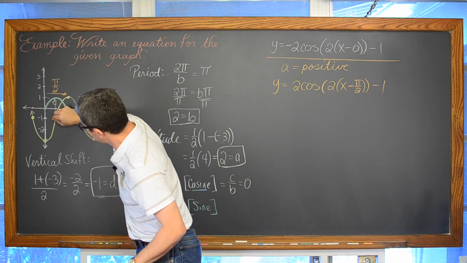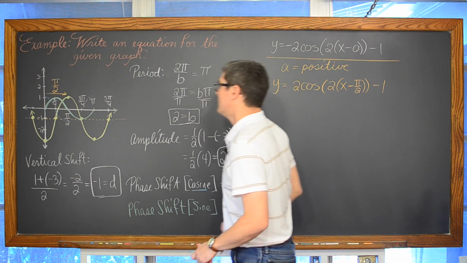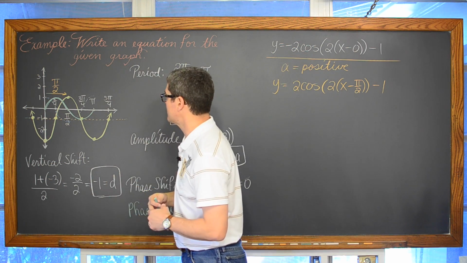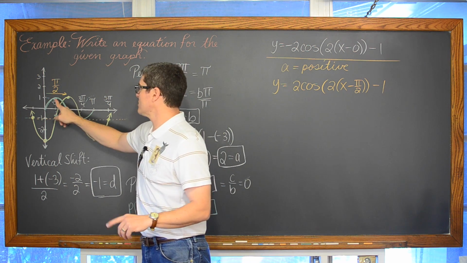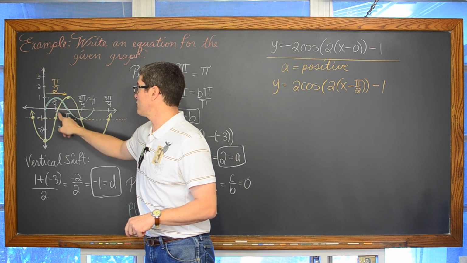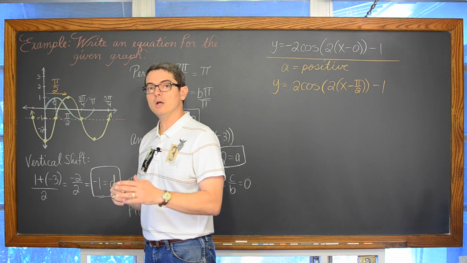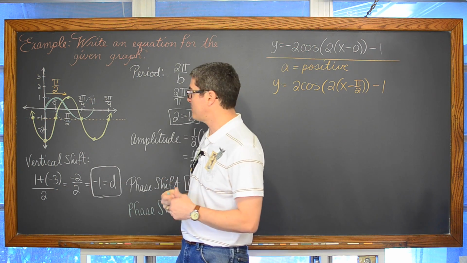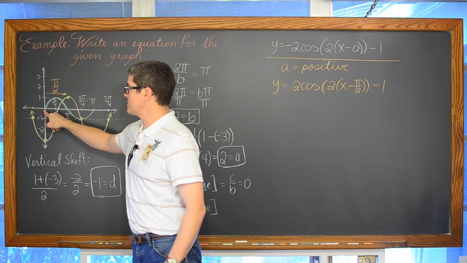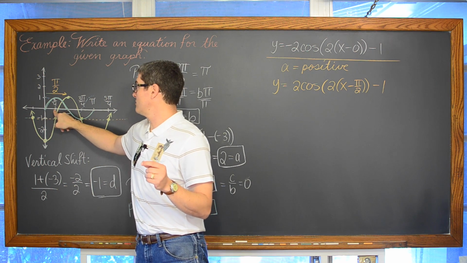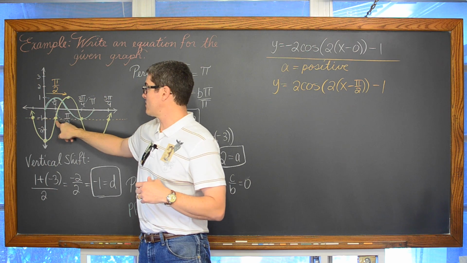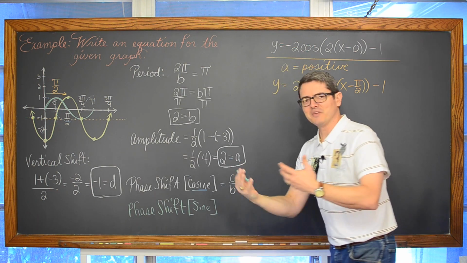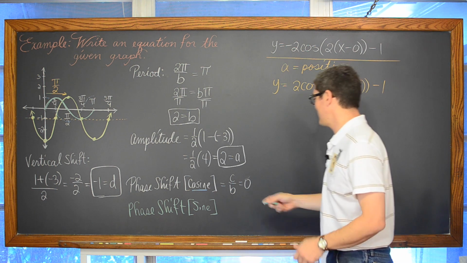See, halfway through the max and min is that center line of the graph, which used to be the x-axis before it had a vertical shift applied to it. You could also look at the maximum values. We have a maximum at pi over 4, and this maximum is at pi over 2. So however you look at it, pi over 2 minus pi over 4 is going to come out to be pi over 4. Or this is at 0, 0, and this point in the center of the cycle is at pi over 4, -1. So hopefully at some point there I've made sense for you.